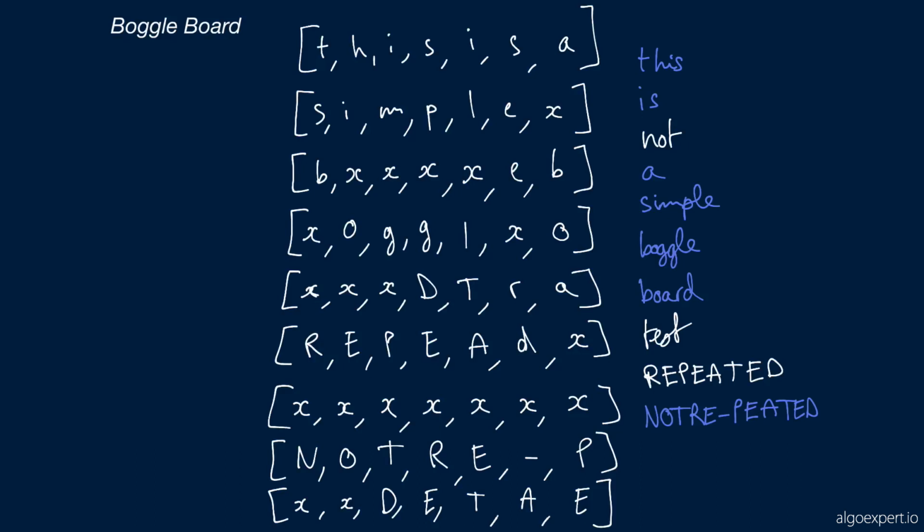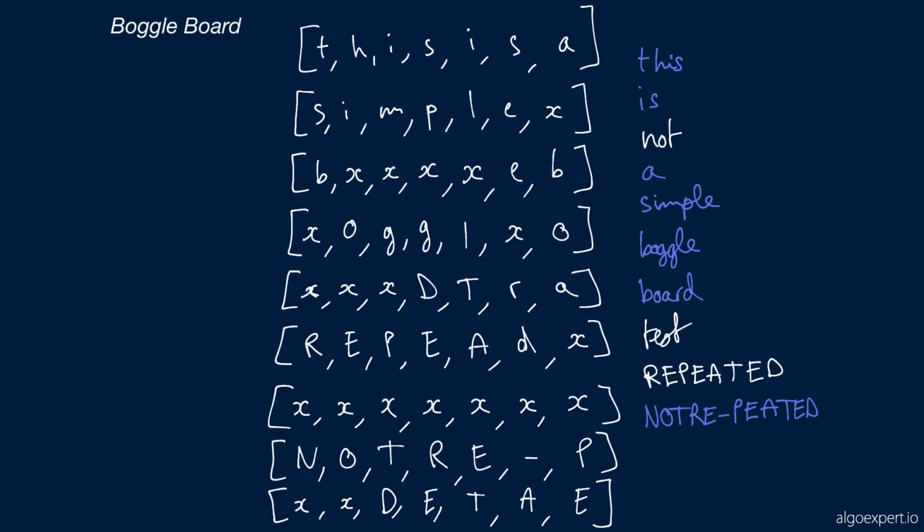So for instance, in the top left corner here, I've got the letter T. If I had a word that had the letter T twice in it, I wouldn't be able to use this particular letter T in the top left corner more than once. So you have to use different characters at different positions. That's the caveat of this boggle board.